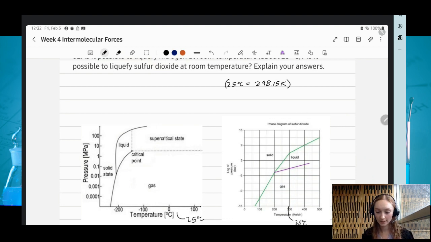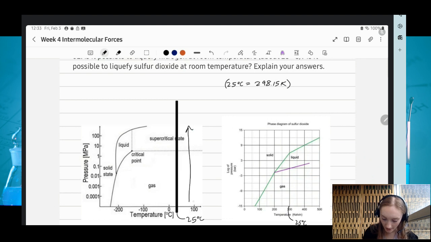So these are the two phase diagrams. So as we can see here, this is 25 degrees C right at this point. It will never be able to be liquefied because even though we're increasing in pressure right here, at this 25-degree line, it goes from a gas to a supercritical state.